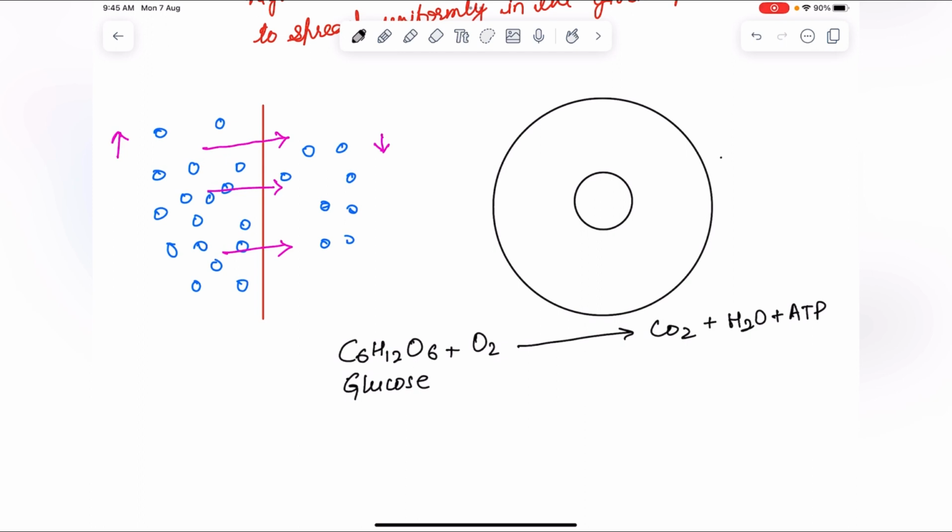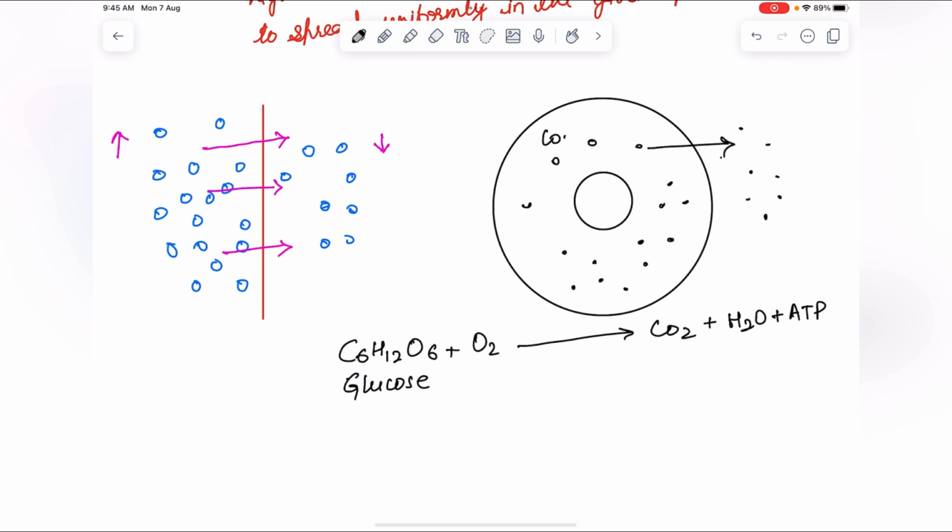If the concentration of carbon dioxide is more inside the cell and less outside, it will move outward.